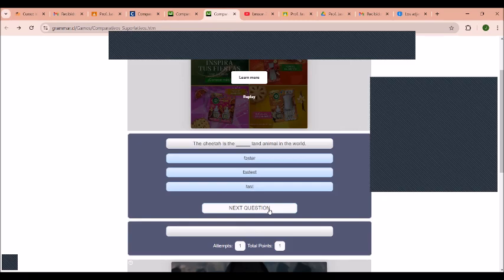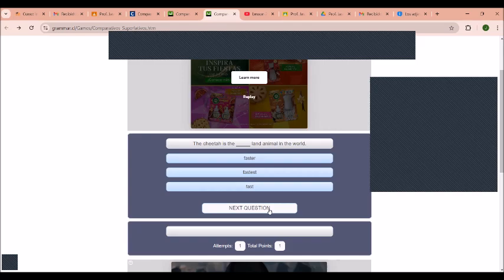Mitzi, yes, the cheetah is the faster animal in the world. All right. In a group, we use superlatives. Between two, we use comparatives.